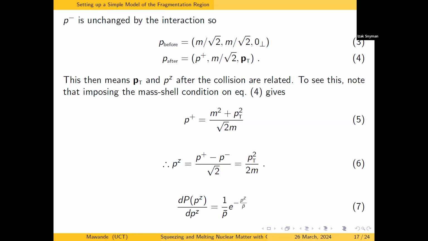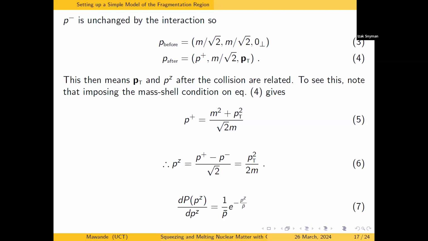This just means the probability of giving a resting particle a momentum pz, like a one-dimensional probability density. It's just an exponential distribution with the average momentum being this p bar. P bar is also related to the saturation momentum as we just saw.